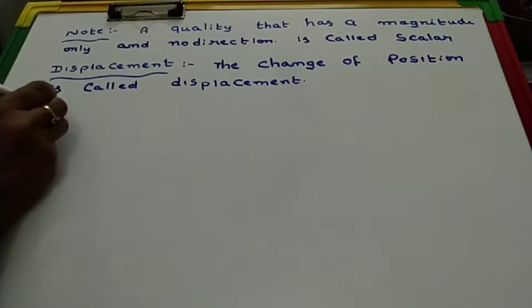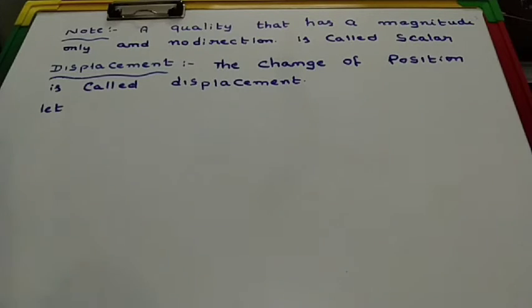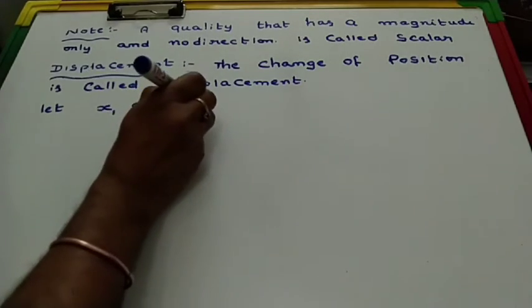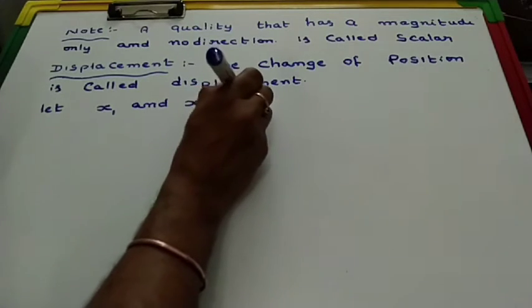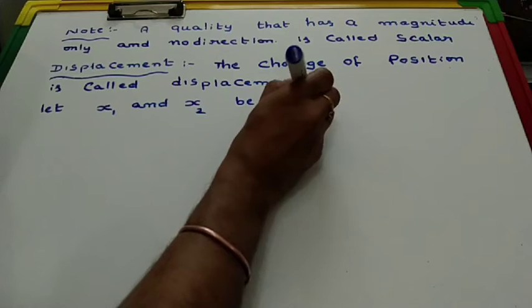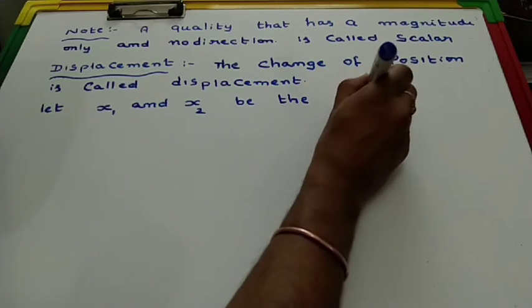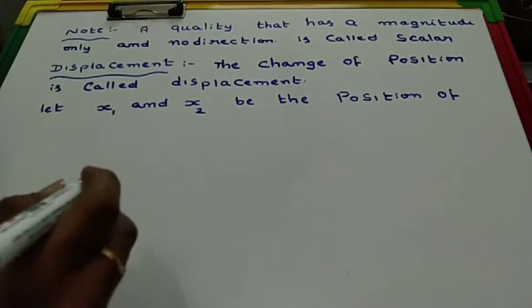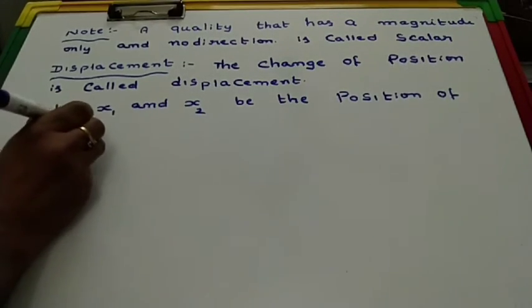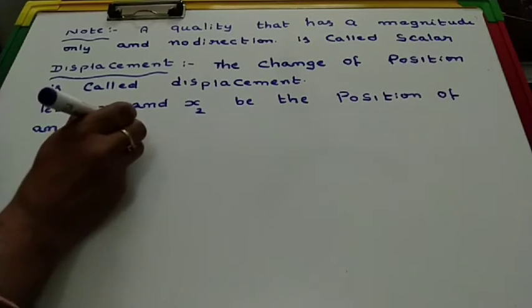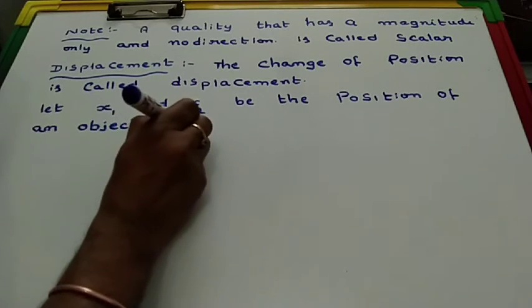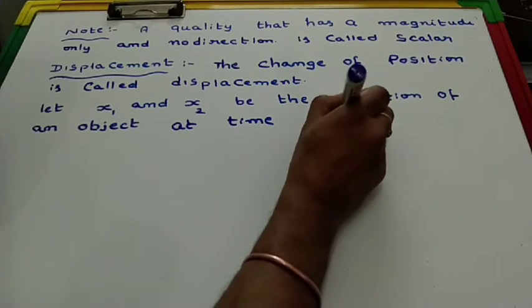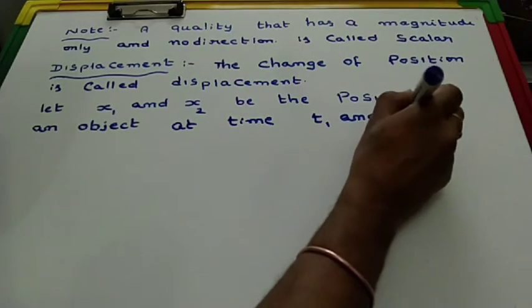Let x1 and x2 be the positions of an object at times t1 and t2.